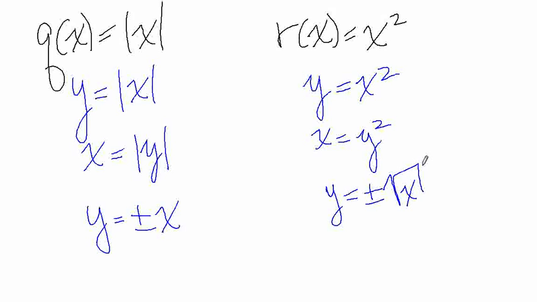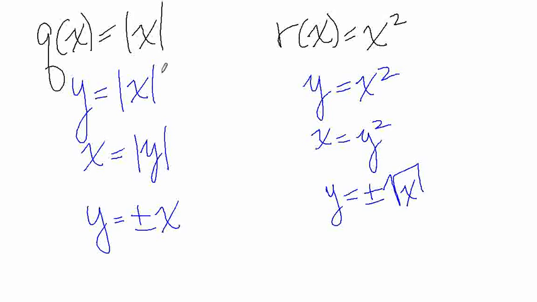Now, when functions do not have inverses, you can still find inverses for limited domains, for restricted domains. Let me repeat that. When a function does not have an inverse, you can still find an inverse of sorts if you're willing to settle for a smaller domain.